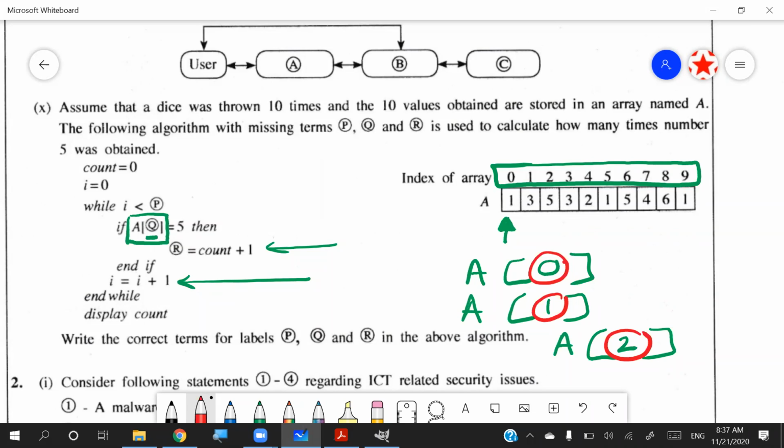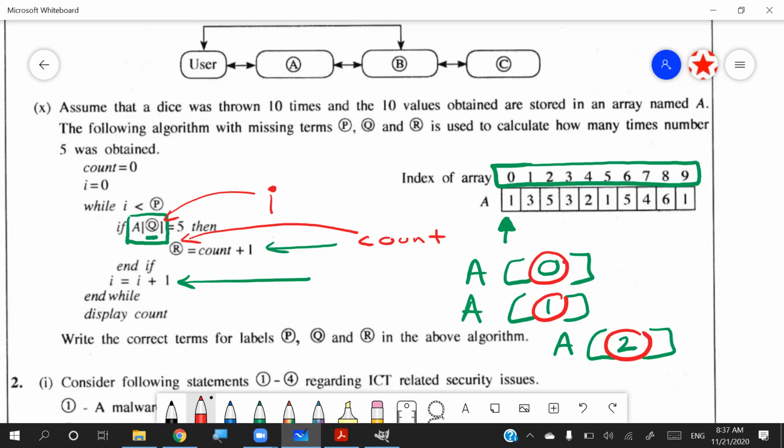So R is going to be count, with count equals count plus 1, and this Q is going to be I, right? So A[I], A0 for the first time, then I is incremented by 1, then again A1 for the second time, then I is incremented by 1, A2, and likewise.